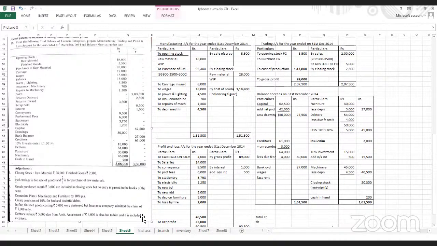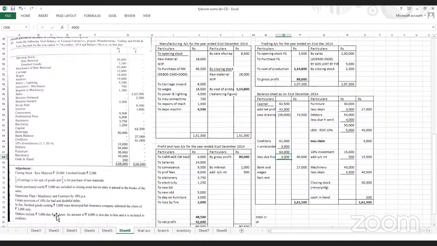So what you have to do, you have to take the least figure of these two. Which is the least figure of 5,000 or 4,000? 4,000. So take the least figure and deduct it from debtors as well as creditors. The common amount you have to remove. So from debtors minus 4,000 and from creditors also minus 4,000.